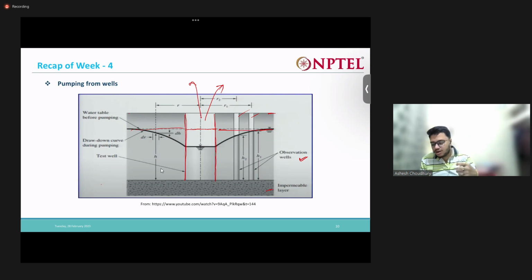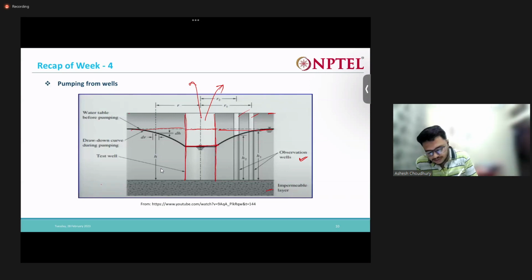After some time it is seen that a certain fixed volume of flow is coming out. Initially it will be high, but after some time a steady state will be achieved. Steady state means this height will be steady, and a constant outflow of water will be achieved.